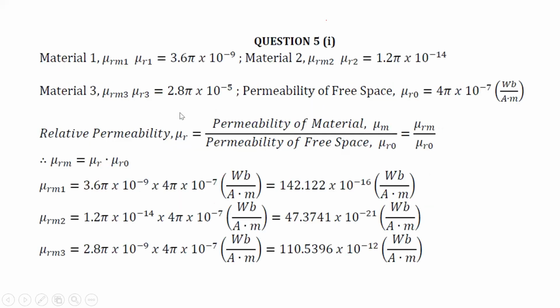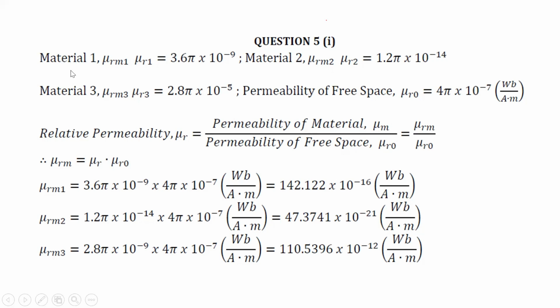And this is the formula for relative permeability of materials. So what you are supposed to do is to use this relative permeability, which is permeability of material divided by permeability of free space, to determine this material permeability.